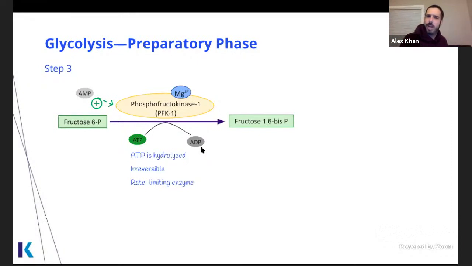So if we don't have a lot of it, it means we need to make more. So it stands to reason that when you have a lot of AMP, which is functionally depleted ATP, you would want to fill it back up. And that's why high levels of AMP have a positive effect on the rate limiting step in glycolysis.